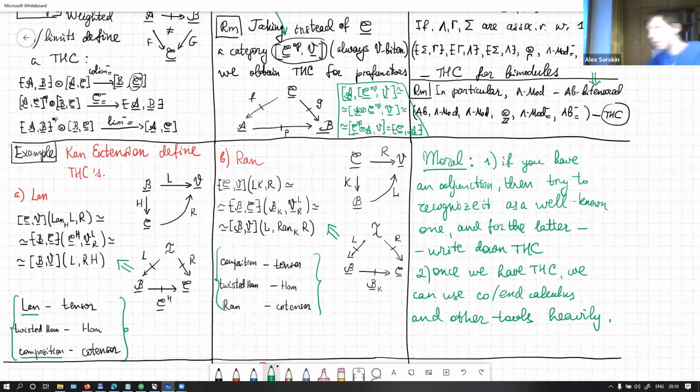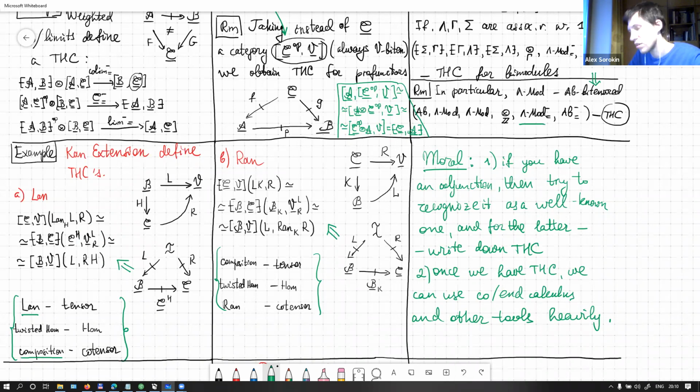In an example above, where we had Hom in lambda modules and Hom in abelian groups, similar as here, where we had twisted Hom and composition, in this case we had no idea who is left and who is right.